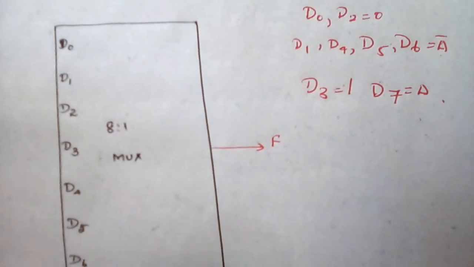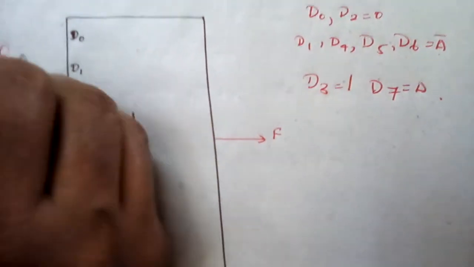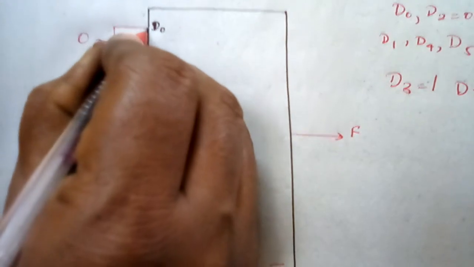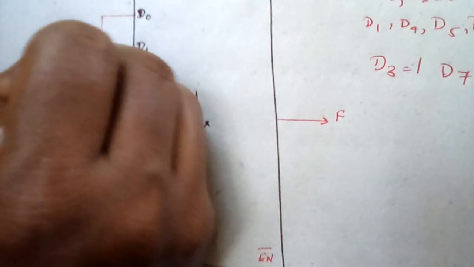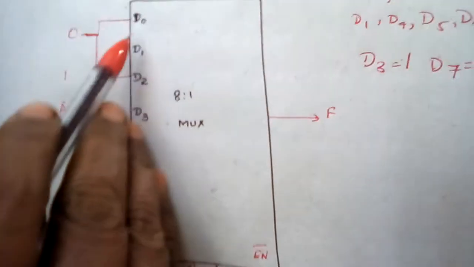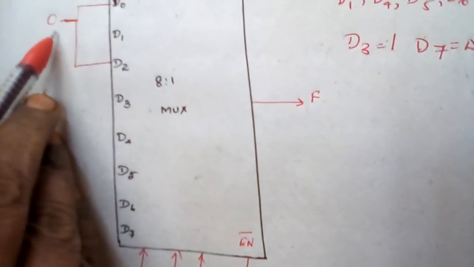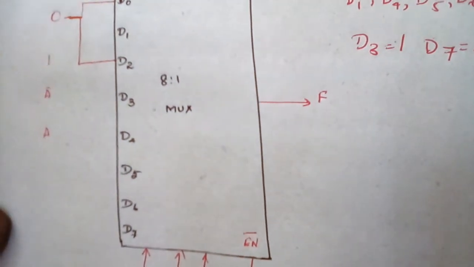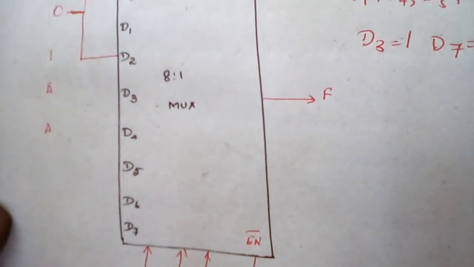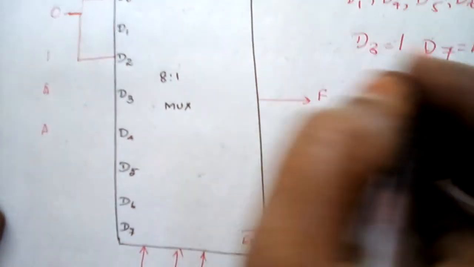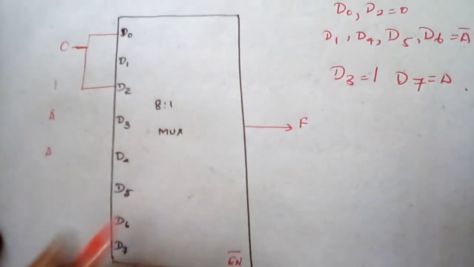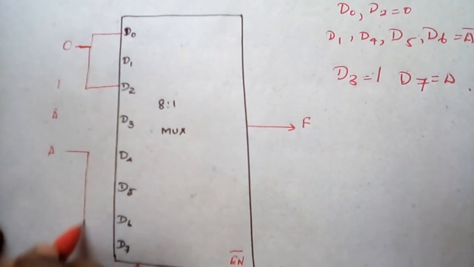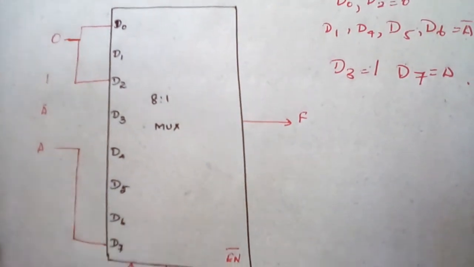So connect D0 to 0 and D2 to 0. So D0 and D2 are connected to 0, since we have the implementation table output in such a manner, right? And towards the A bar, let us draw the A first. A is connected to D7.